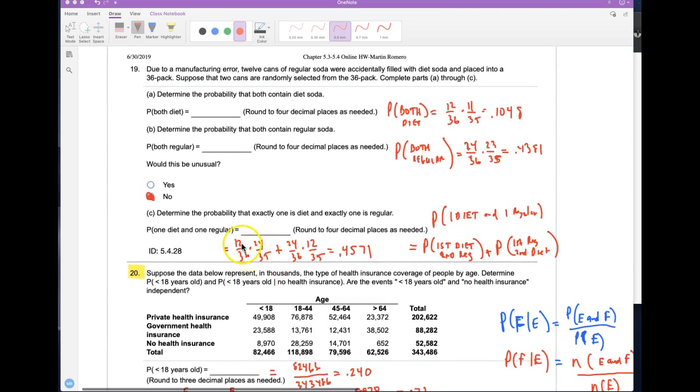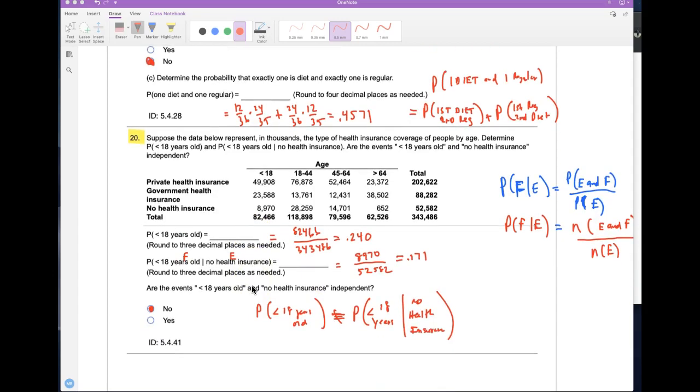And so when you look at that, you get 12 diet out of 36 times 24 regular out of 35, because now we're at the second can of soda. And then 24 out of 36 times 12 out of 35. And so that's where those numbers come from. Multiply, add, and you get 0.4571.